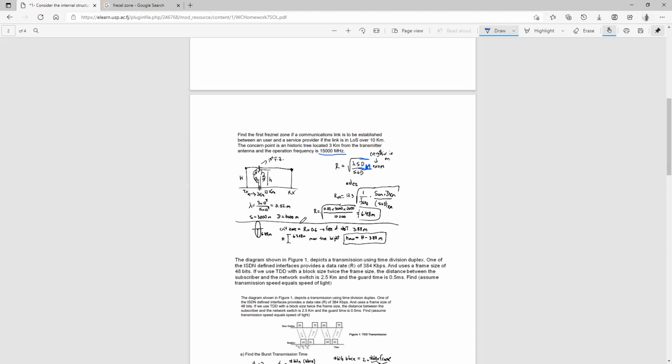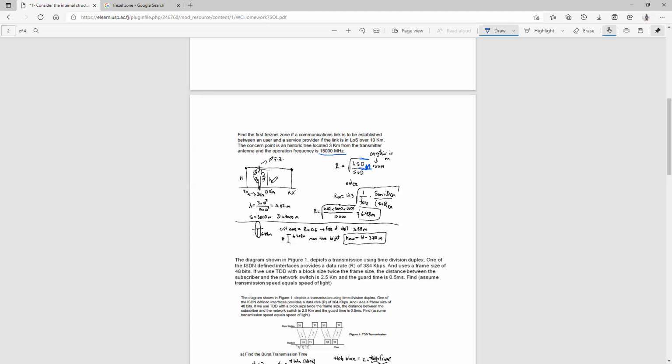What should be the maximum height of this tree before which it will start to obstruct the signal, right? The transmitter and the receiver will be at a certain height, let's say a height of h. So the height of the transmitter and the receiver will be h, and the height of this particular tree is h.